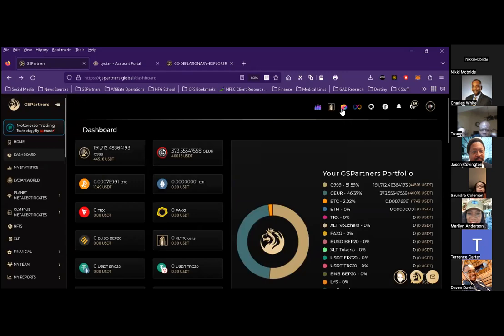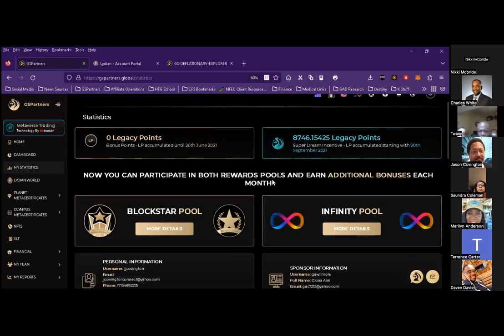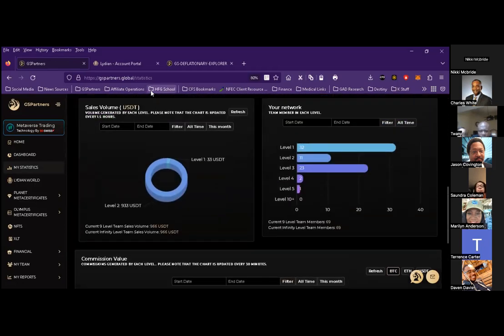The next one is talking about your statistics. It looks kind of like a multicolored donut, but it really shows your statistics. So it'll tell you how much legacy points you have, the Blockstar pools and all sorts of stuff like that, as well as your personal information above there and sponsor's information, and a breakdown of the volume that your network has done and the number of people that are signed up under you, how far down it goes.